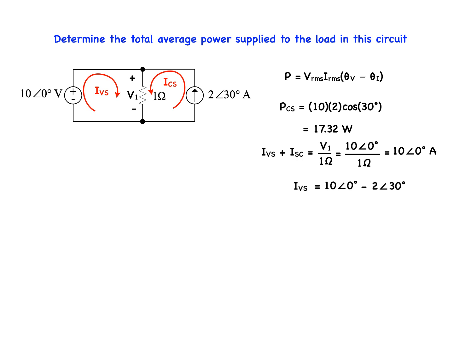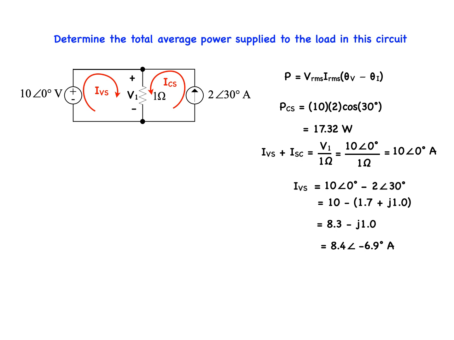Using rectangular coordinates in order to carry out the subtraction on the right-hand side of the equation, we get 10 minus 1.7 plus j1.0. That equals 8.3 minus j1.0, which equals 8.4 at minus 6.9 degrees amps in polar coordinates.